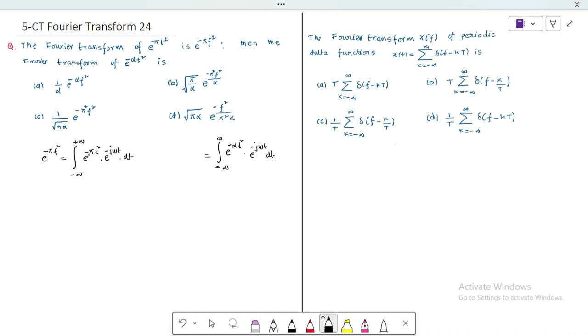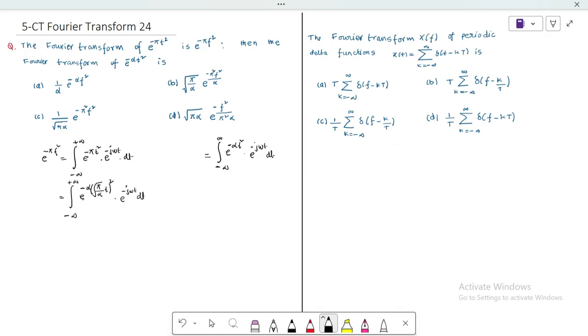There is alpha, but there is no alpha in the reference. So what I'm doing here: the integral from minus infinity to plus infinity of e power minus alpha, and pi by alpha under root t square, into e power minus j omega t.